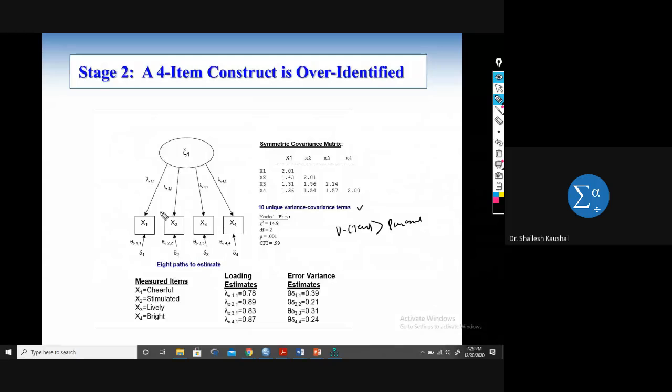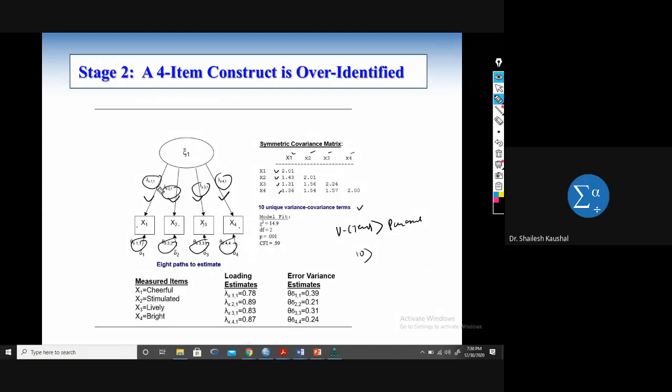For example, I am taking 4 questions x1, x2, x3, x4. I have written them in the symmetric covariance matrix. So how many unique variance covariance terms? 1, 2, 3, 4, 10. And how many parameters? First factor loading, second factor loading, 3, 4, and 5, 6, 7, 8.